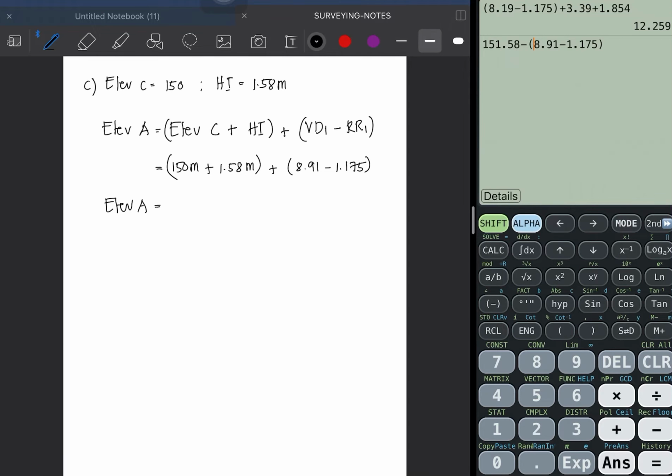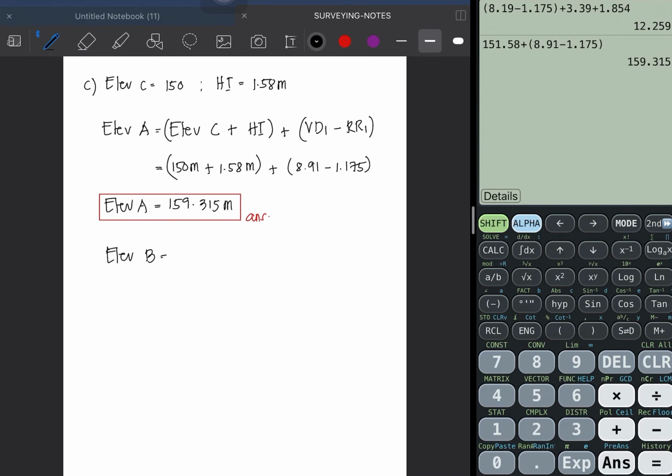That is 159.315 meters. Okay, so this is the answer for elevation A.